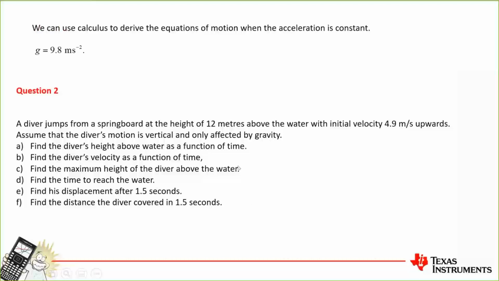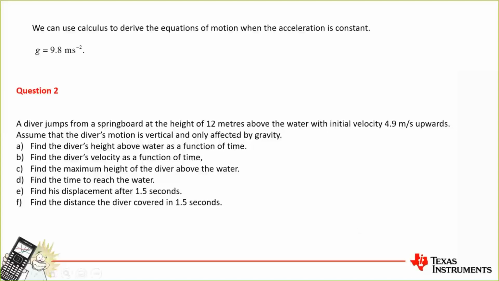So let's try one question for motion at a constant acceleration under gravity, but we won't be using constant acceleration formulas. Instead, we'll just do it from first principles, meaning that we'll solve our differential equation as we did previously.